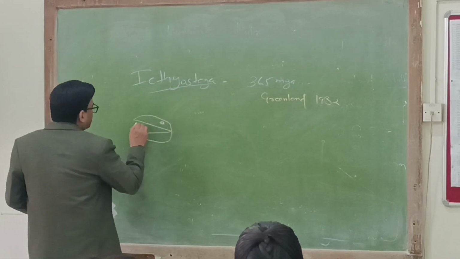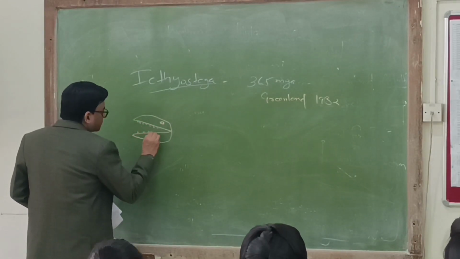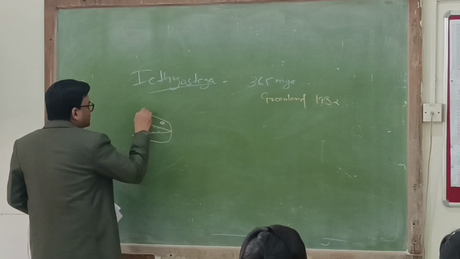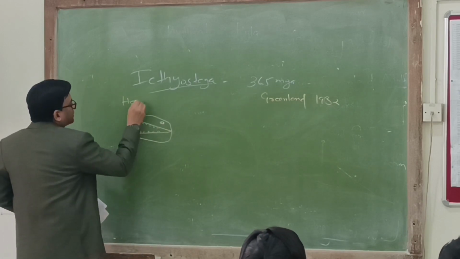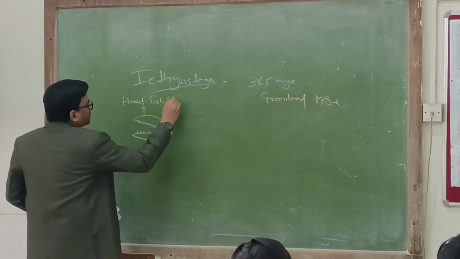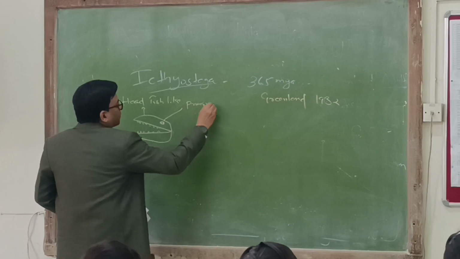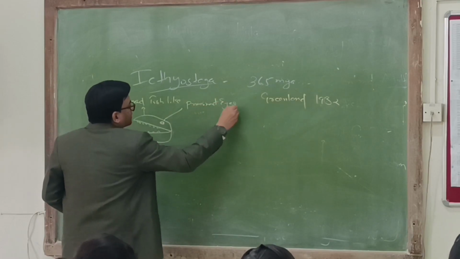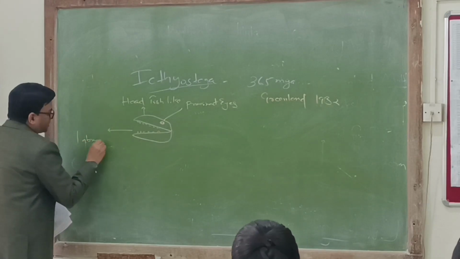That's why it is in the Labyrinthodontia. This head is fish-like with prominent eyes and having labyrinthine teeth.